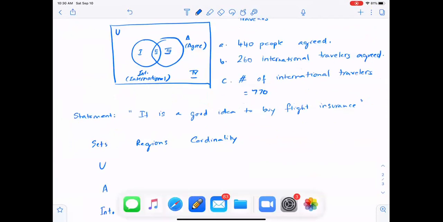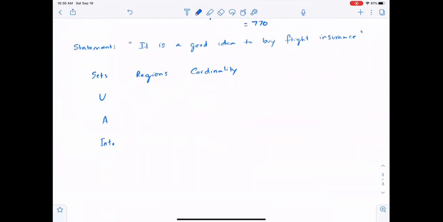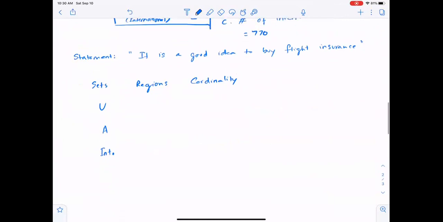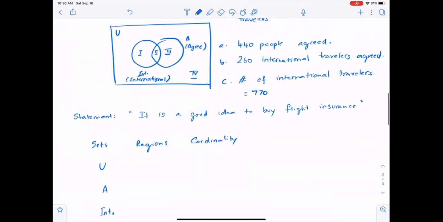So we want to identify the regions corresponding to each set. Well, the universal set must contain all regions. So I'm going to put 1, 2, 3, 4.